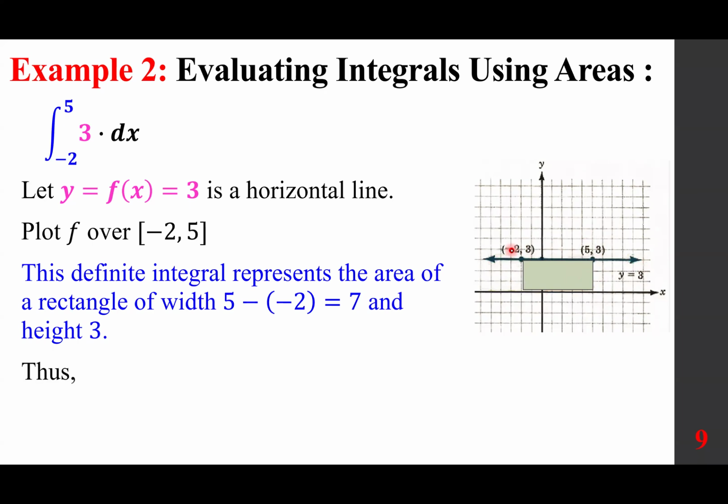Therefore, using width times height, 7 times 3 equals 21. Just simple geometry. I hope everybody is okay with that.